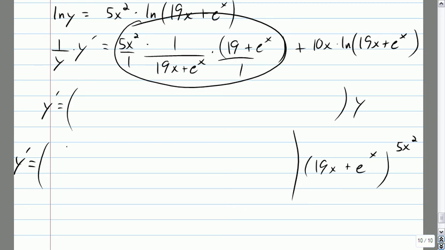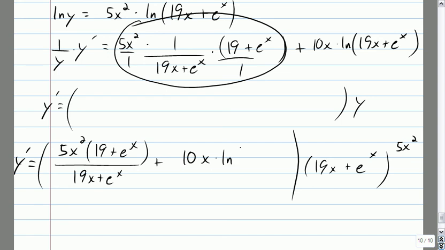So you get 5x squared times quantity 19 plus e to the x over 19x plus e to the x plus 10x times the natural log of 19x plus e to the x.